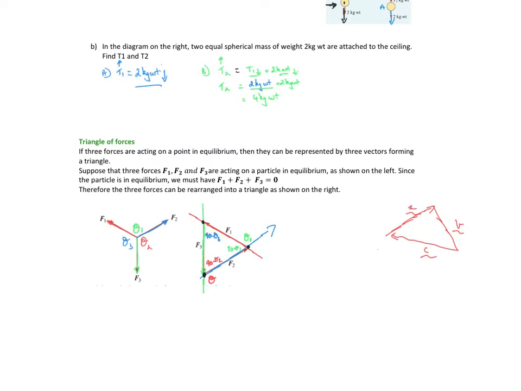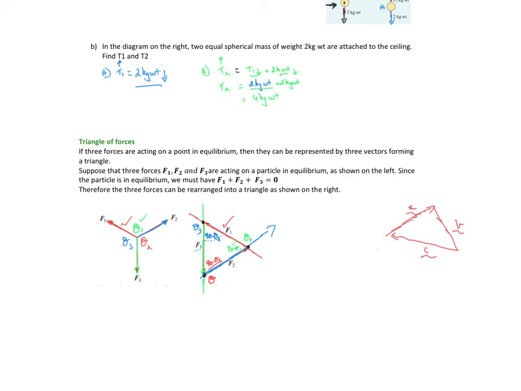So if you consider that whole triangle and our cosine rule and sine rule, the F2 force is directly opposite the theta 3 angle. The F1 force in red is directly opposite its angle, and the F3 force in green is directly opposite its angle.